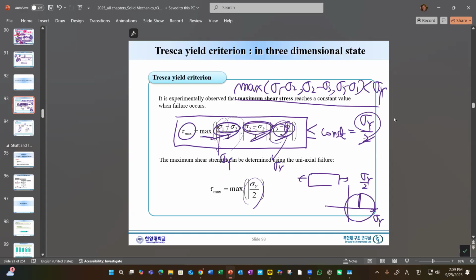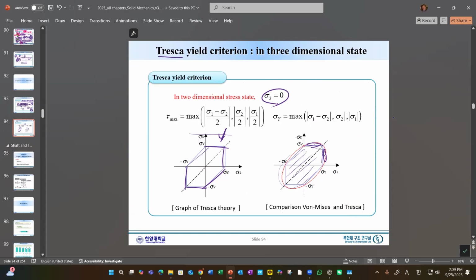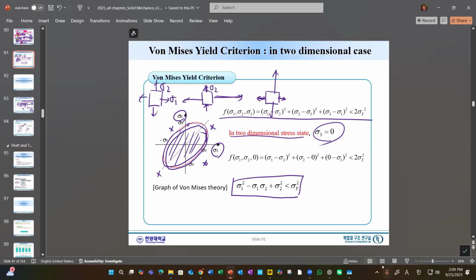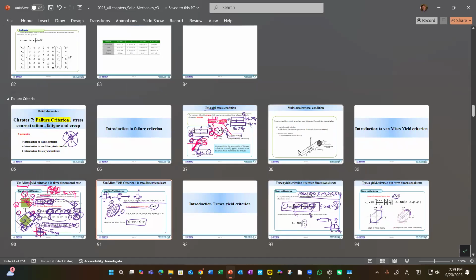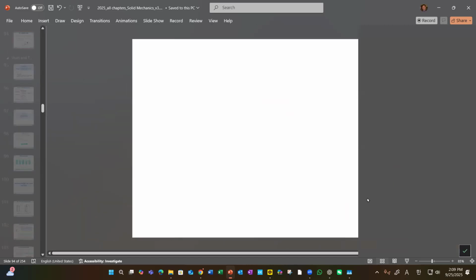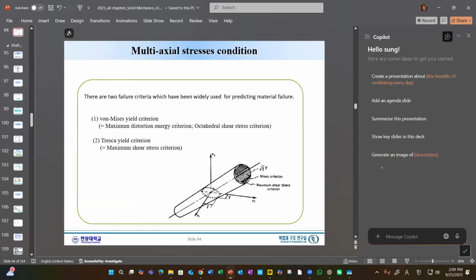Now, what if sigma x is not 0? That is the multi-axial case.